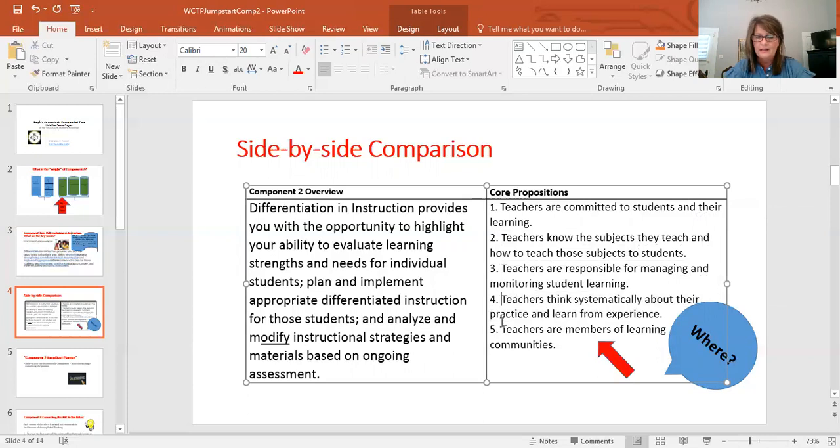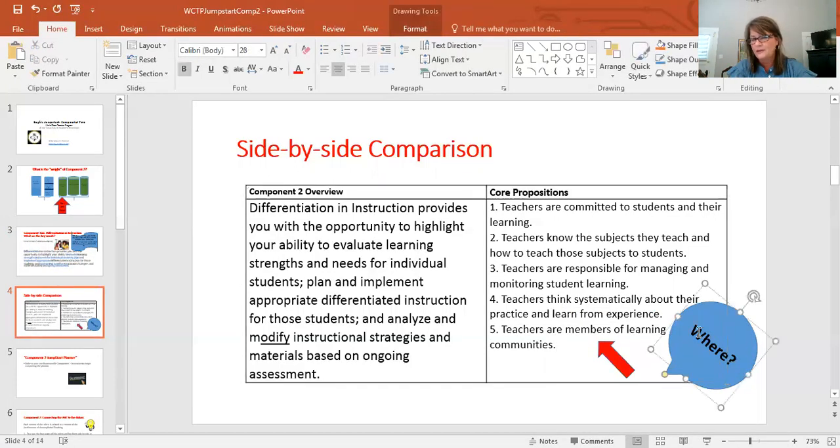Now, this one, a lot of times we don't actually realize that this core proposition 5, that you're a member of learning communities. Sometimes we're apt to leave that out when we write. We don't leave it out in our actual practice because we're always working with colleagues, parents, and the geographic community, but sometimes we forget to put that into our writing when we're writing our written commentary.